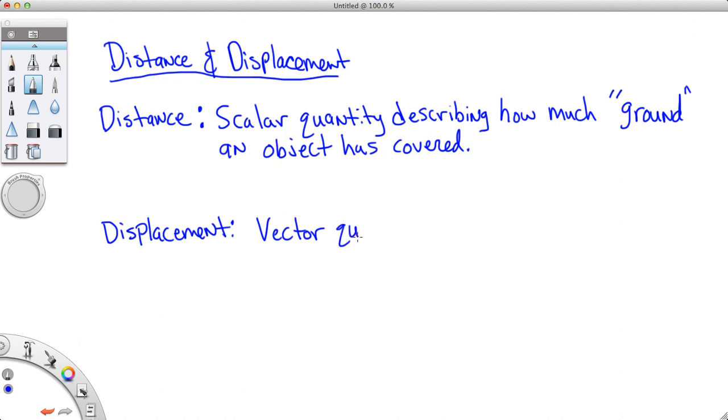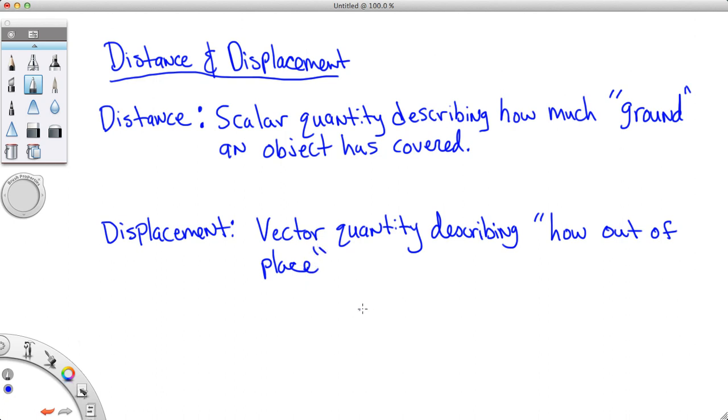It's a vector quantity describing how out of place the object is. So, a vector quantity describing how out of place an object is.